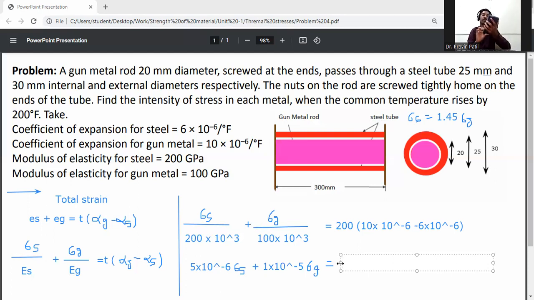It will be 8 into 10 raised to the power minus 4.